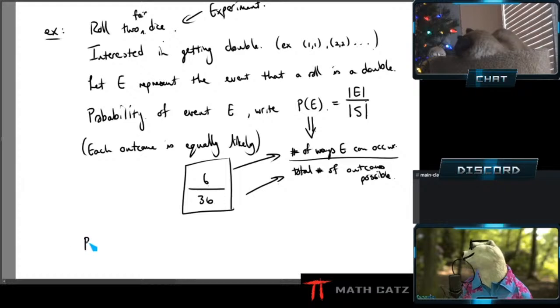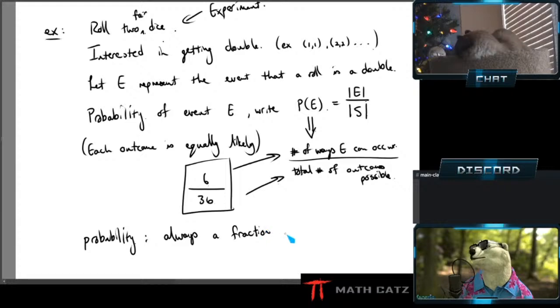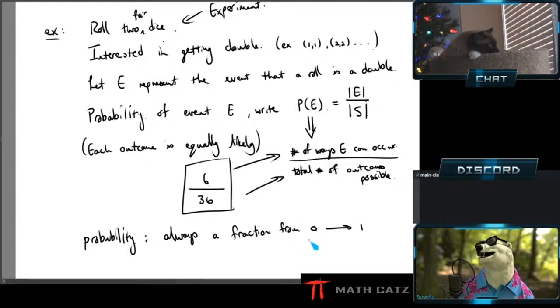So the probability of any event, because it's always compared to the total, is always going to be a fraction ranging from 0 all the way to 1. I can't get less than 0.